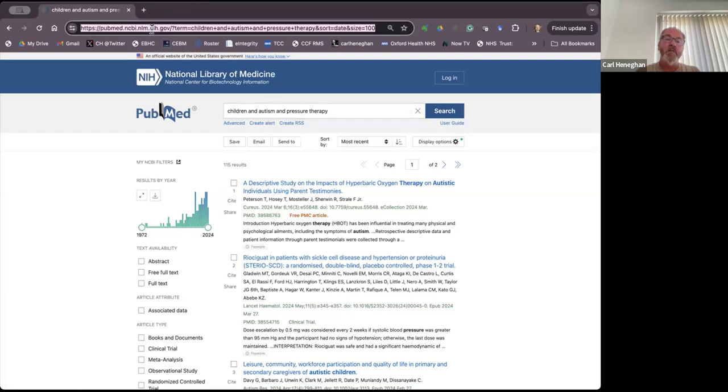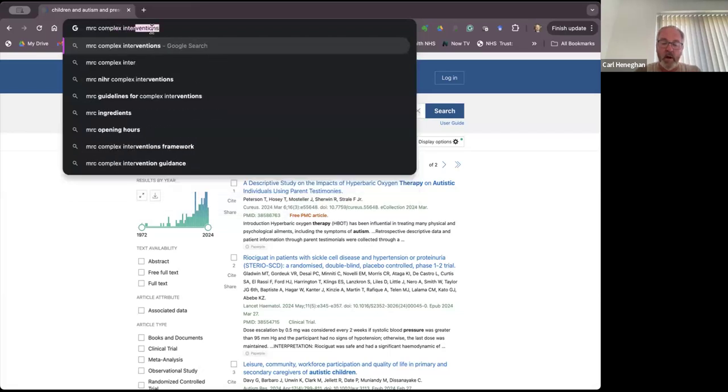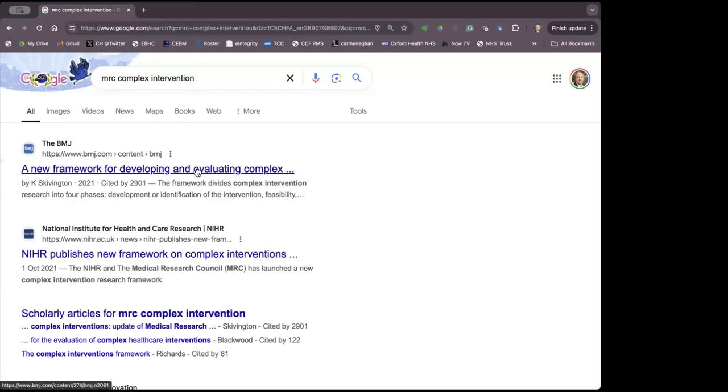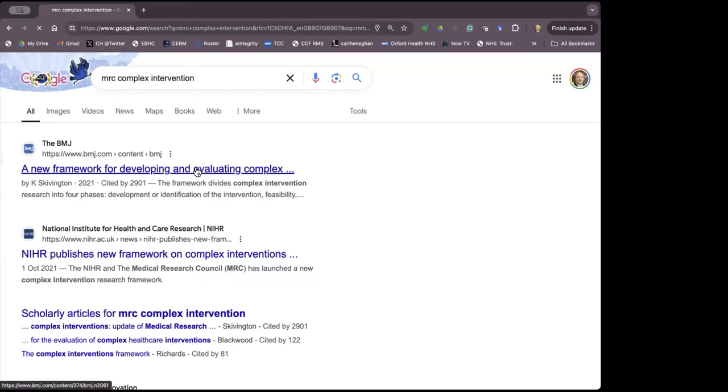Now, one of the things I'm going to do here is, you're in what looks like a complex intervention. It's not a simple intervention like a drug, is it? It's complex. Is that fair enough? Mm-hmm. Yep. Now, have you ever come across the MRC framework? Yes.